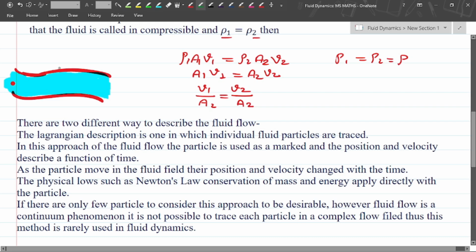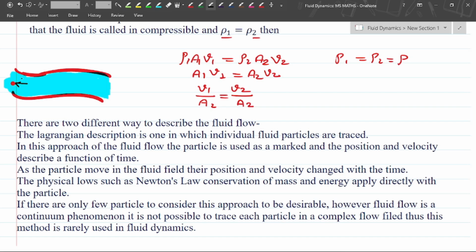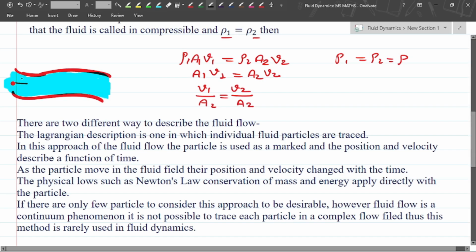So we'll discuss only this point. Also, we know that in a fluid there are so many particles that we can't count them, and we can't assume each individual particle. But hypothetically, in the Lagrangian approach, we will take a particle and trace it.